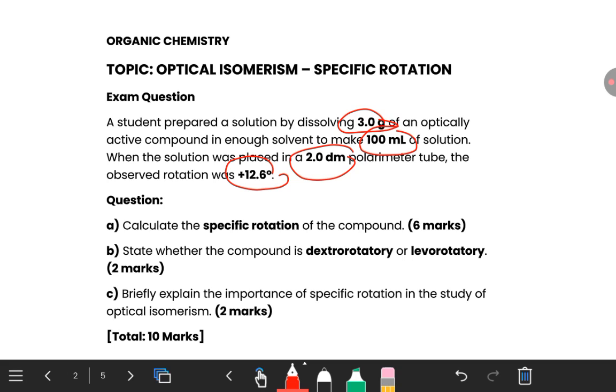Then the second part states whether the compound is dextrorotatory or levorotatory.